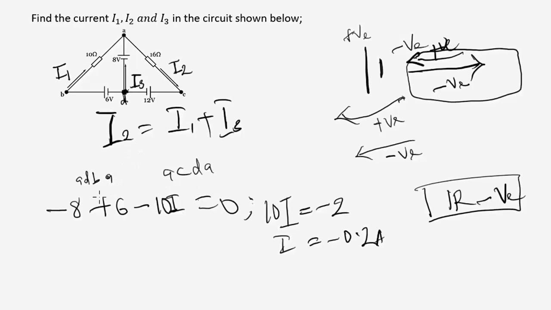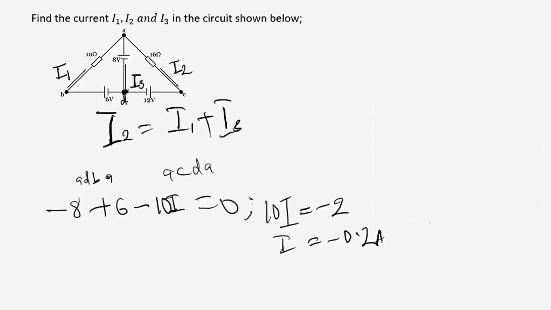Alright, so I'll go ahead and wipe these other parts so we'll have more space. Let's wipe this area off. Okay, so the next is the second loop here. So remember we are considering all potential drops to be negative, and then since we are considering all potential drops to be negative, I have minus 16I. Now here we're moving from positive to negative.